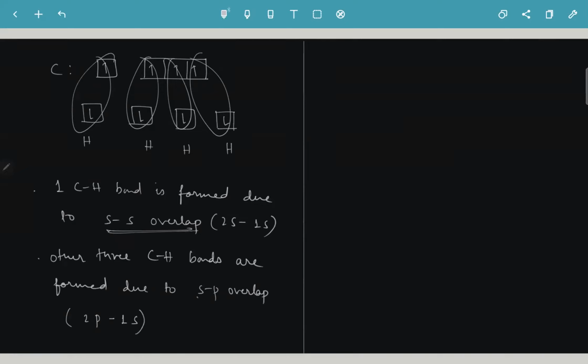Now we have studied earlier that sp overlap is stronger, so the three CH bonds should be stronger than the remaining one CH bond.